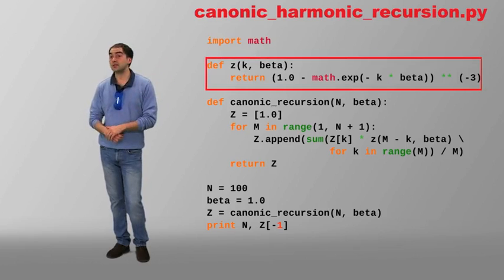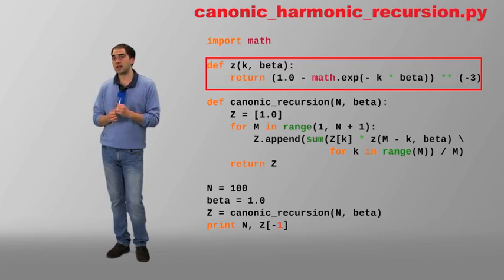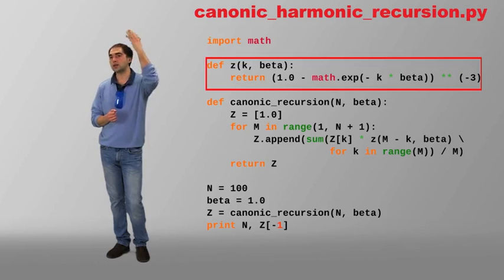Here you see that we have implemented the small z as the partition function of a single particle inside of a three-dimensional harmonic trap. And note that we have shifted the ground state so that the energy levels are equal to 0, equal to 1, equal to 2, and so on. But the method is very general.